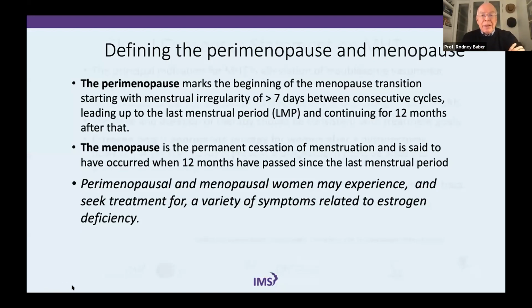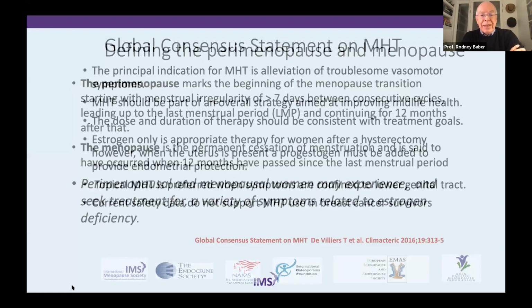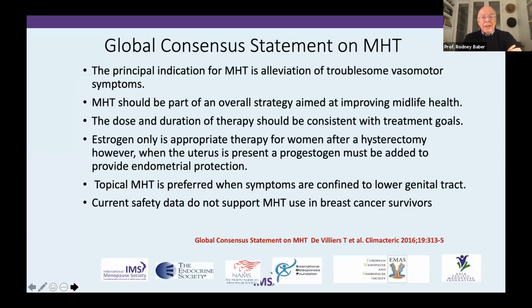Menopausal hormone therapy has been around for nearly 80 years, and it would be fair to say it's had its ups and downs. It's had good times and it's had some pretty bad times too, and many of you will remember the dramas associated with the Women's Health Initiative in its initial releases.